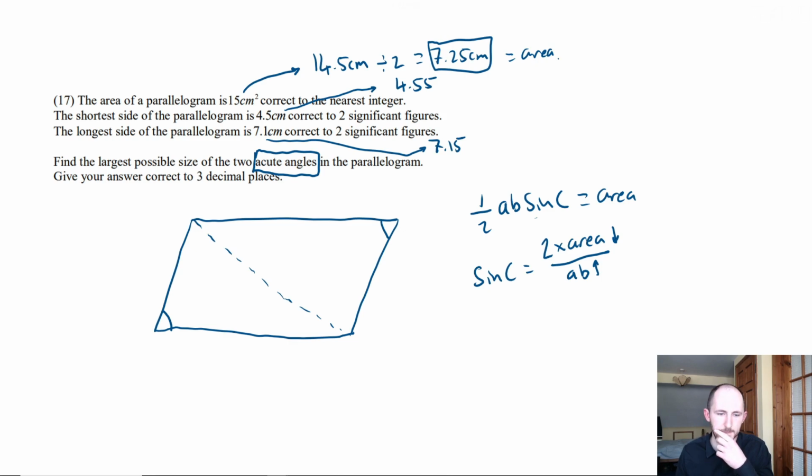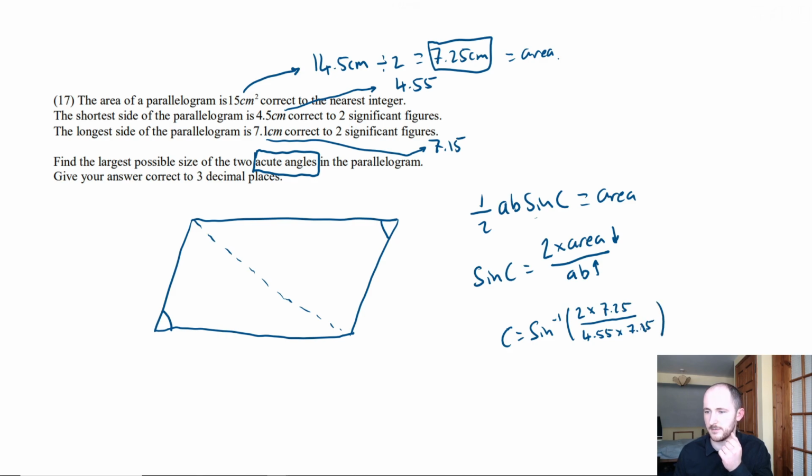Exactly, yeah. Yeah, for this case, yeah. So then for C, we're just going to do the sine inverse of 2 times the area, which is 7.25, over A times B, which is 4.55, times 7.15.